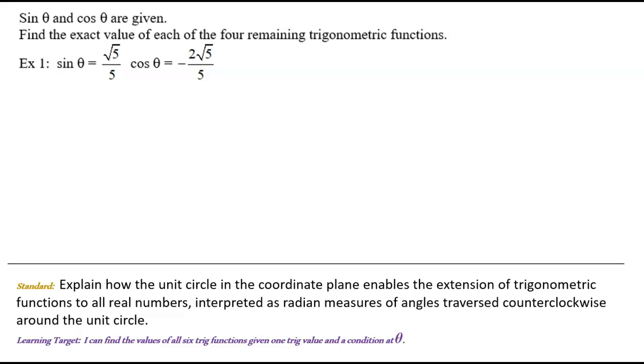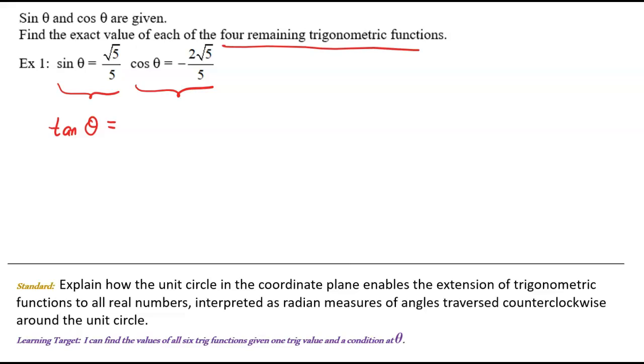So, given these two trig values, find the other 4. Okay? So, let's do that. Let's start with tangent. Tangent of theta is y value over x value. Now, I'm going to say this. We know that those 5s cancel out, so I'm going to stop writing all the 5s. Okay? I'm just going to take numerator and put it over numerator.